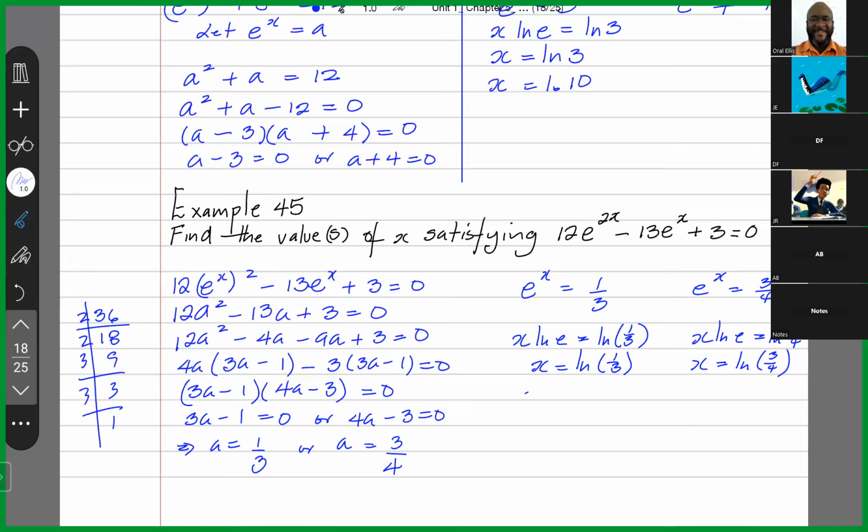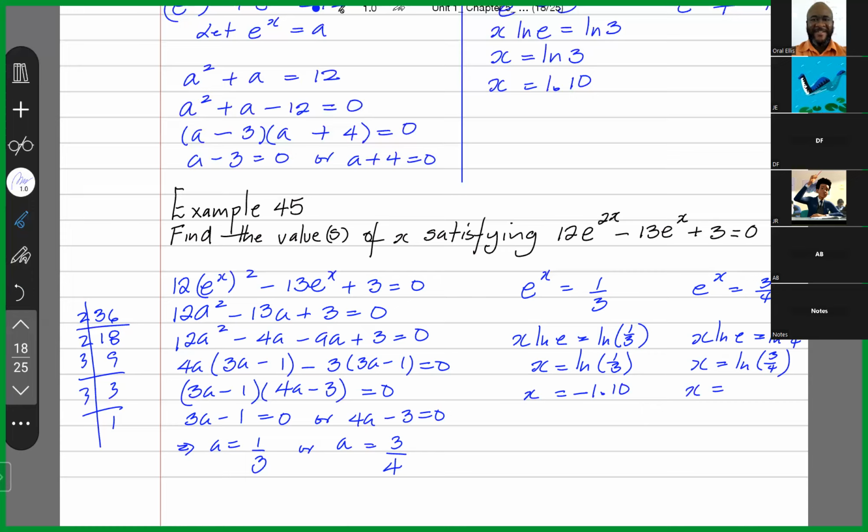I can put these in my calculator to get x is equal to ln 1/3, which is minus 1.10, and x is equal to ln 3/4.